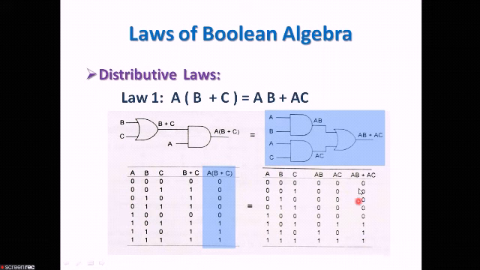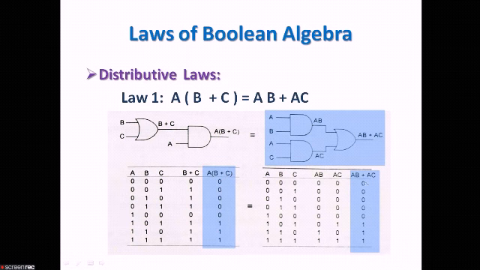Again, we will be considering this one. After selecting, we can see that A into B plus C and AB plus AC both have the same results. Each one of the combination outputs is equal: 0, 0, 0, 0, 0, then 1, 1, 1.